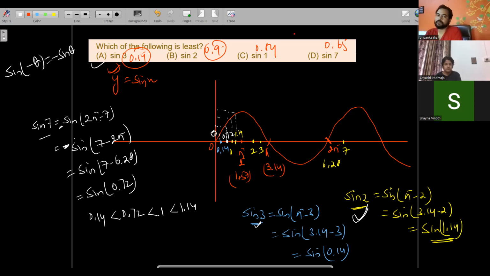The fourth, you can write as sine 4 plus 3, which gives sine 4 cos 3 plus sine 3 cos 4. And the first looked the least because you're subtracting. No, that is not the correct way. You cannot find the value in that way. The way I told you is the correct way. You have to learn this. Okay.